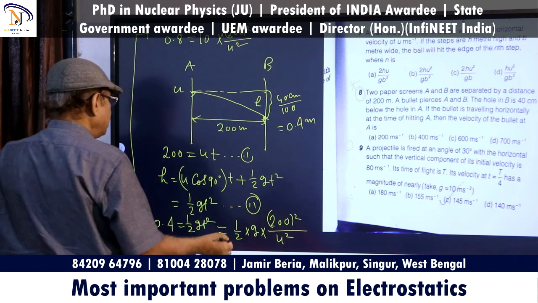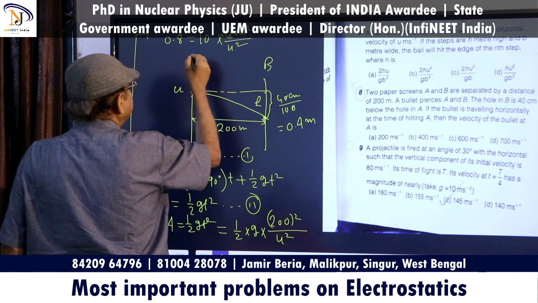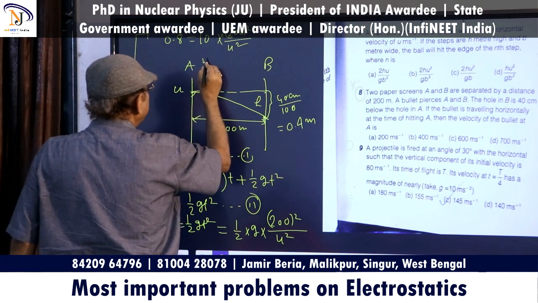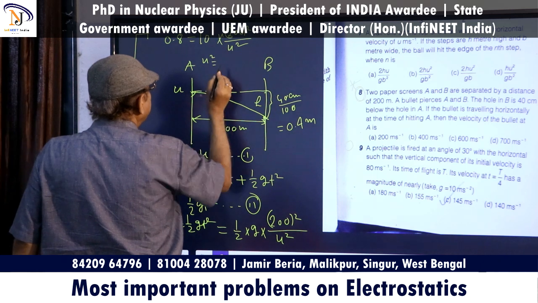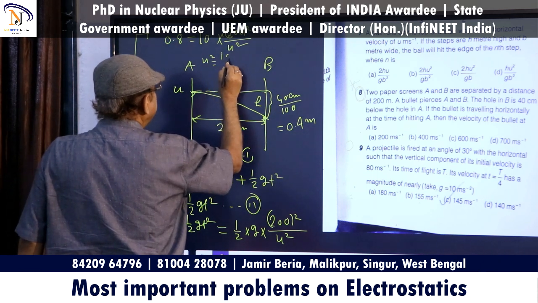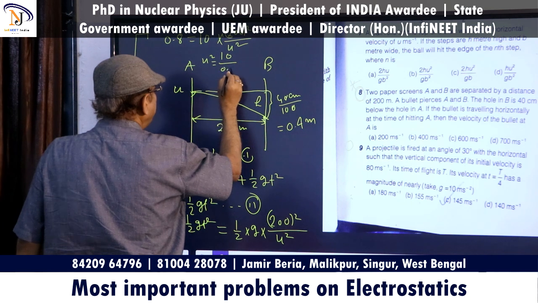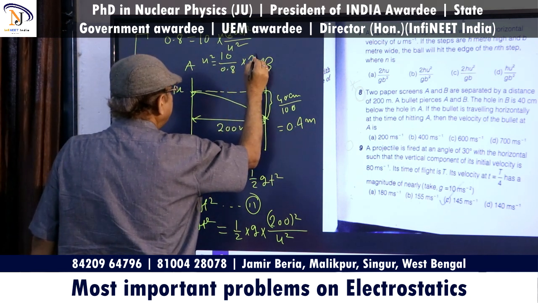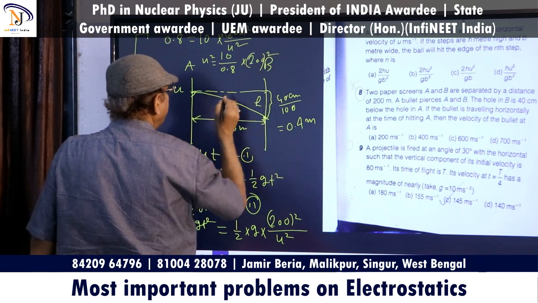Now you are able to write U square equals 10 by 0.8 into 200 square.